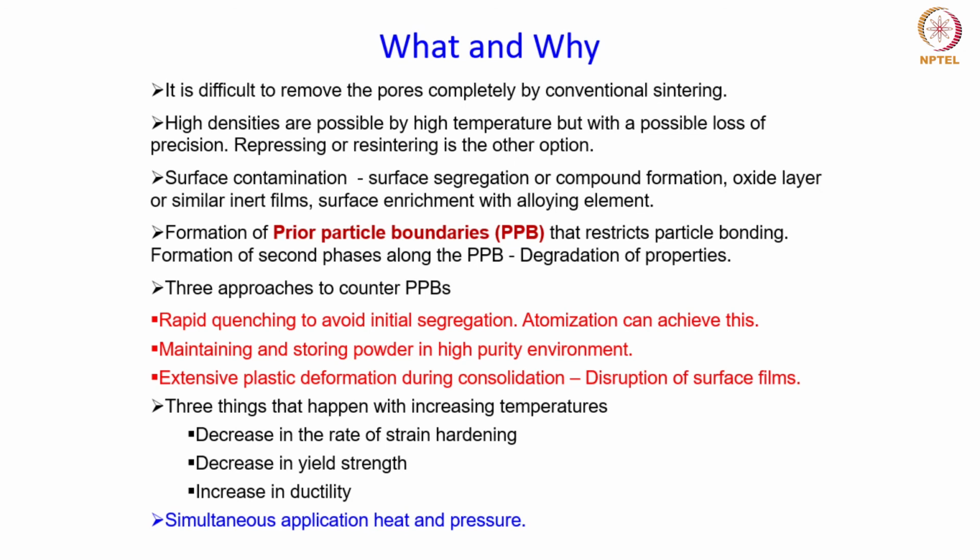And apart from that, the high temperature also leads to a decrease in the rate of strain hardening and the strength of the material, and it also increases the ductility, which is again helpful in densifying the material. And therefore when there is simultaneous application of heat and pressure, you can expect a much better densification and a full density compact can be obtained.